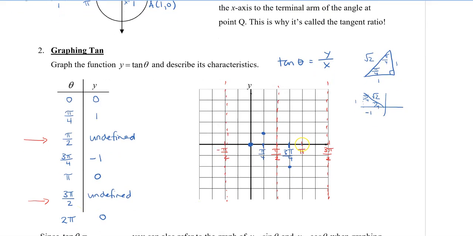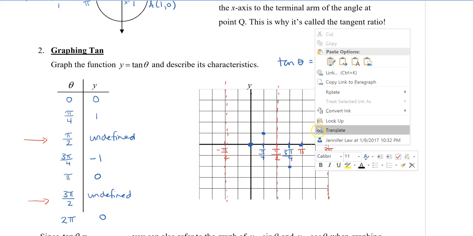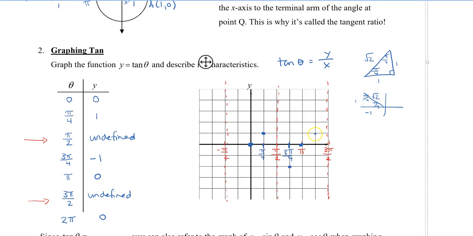At pi, we get 0. Now, knowing that this is periodic, this 0 represents this. At pi over 4, I get 1. So at 5 pi over 4, I should get 1 again. Oops, and I plotted this point a little bit too low. Just noticed. So this should be at negative 1.